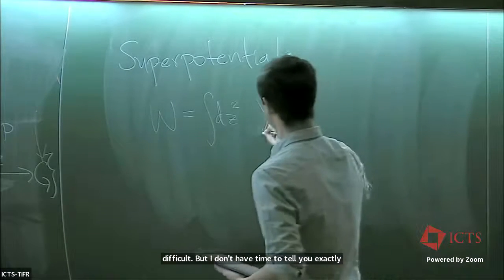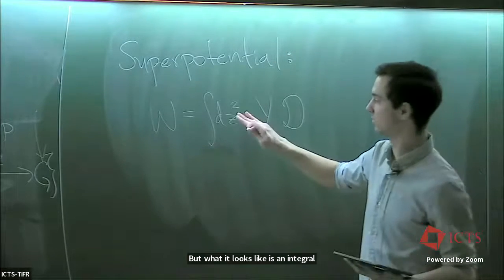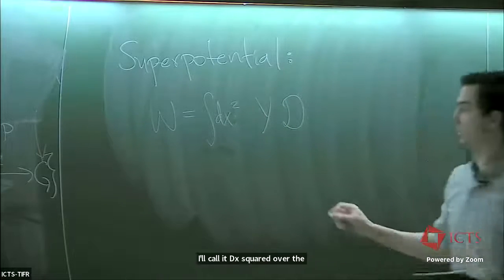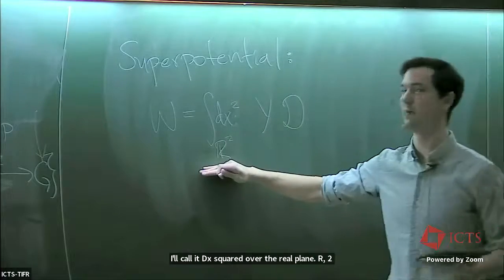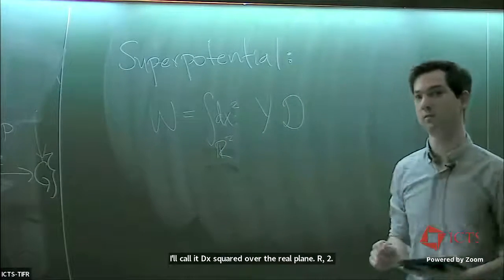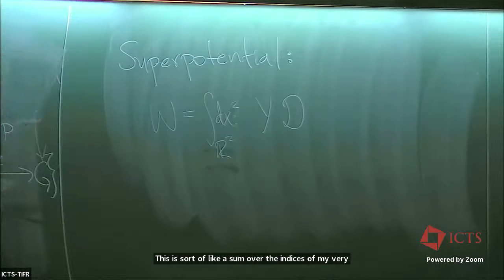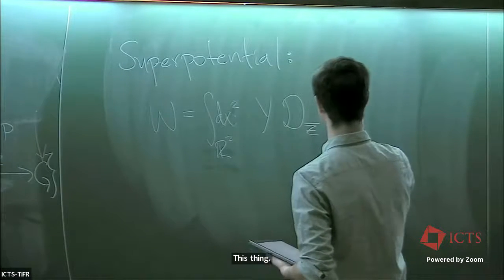But what it looks like is an integral over, maybe I'll call it d^2x, over the real plane R2. This is sort of like a sum over the indices of my very large representation of y covariant derivative x.